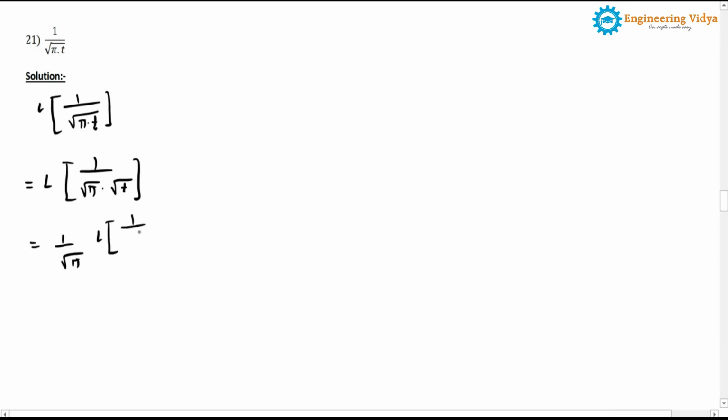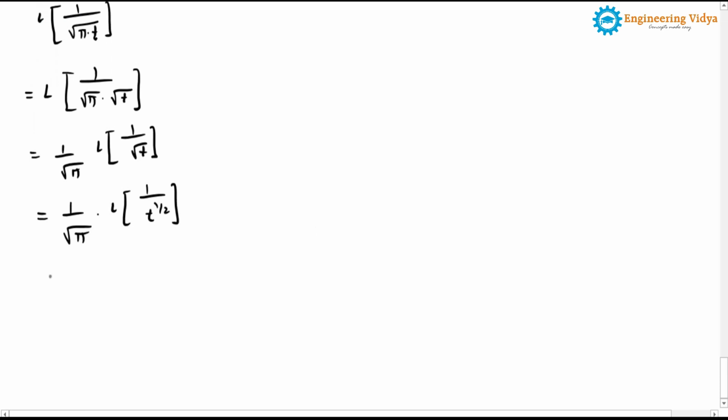So 1 upon square root of pi, and the Laplace transform of square root of t, where square root of t can be replaced by t raised to 1 by 2. Again we will do the basic simplification: the Laplace transform of t raised to 1 by 2 in the denominator will go to the numerator, so here it will be t raised to minus 1 by 2, right?